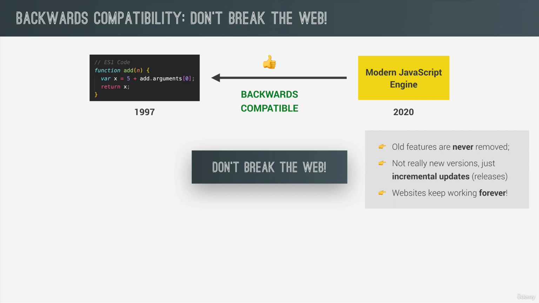Now, of course, this comes with problems, because there are tons of old bugs and weird things in the language. Remember that Brendan Eich made the very first version in just 10 days, and no one back then could even imagine what JavaScript would be used for one day. The initial goal of JavaScript was just to add some simple dynamics to pages, not to write whole web applications in the browser like we do today.